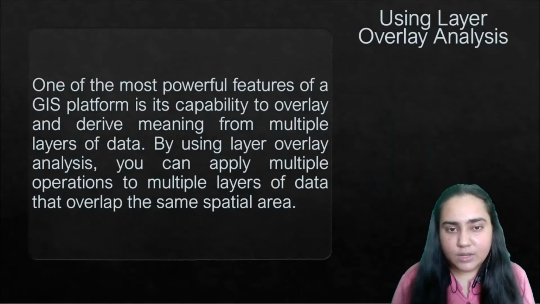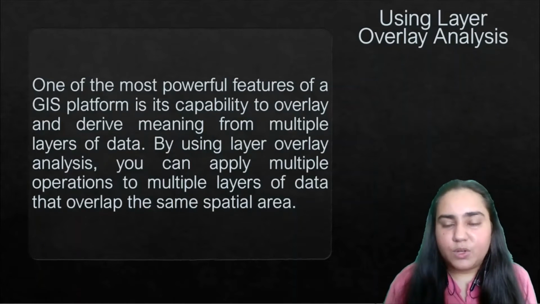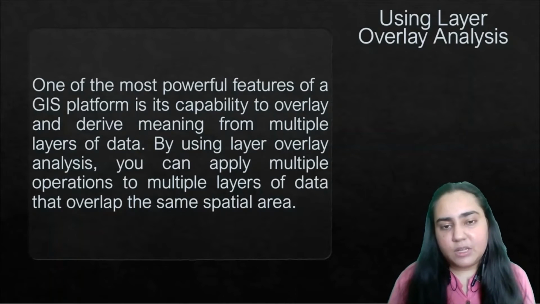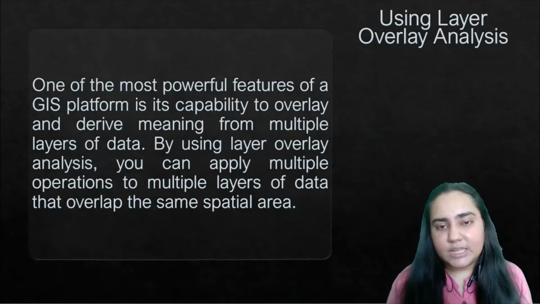But then in the second layer, you'll add in buildings. Okay, so it's on the same street, you're just creating another layer of buildings. So when you have those kinds of layers, you can use layer overlay analysis to specifically analyze each layer.